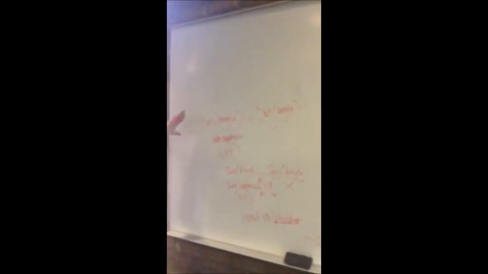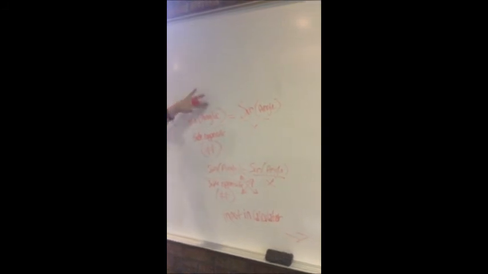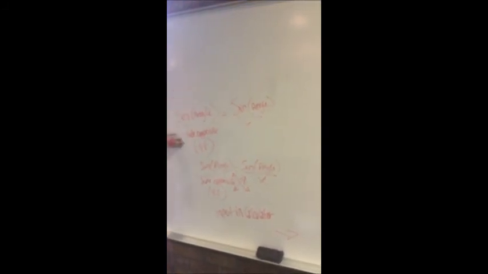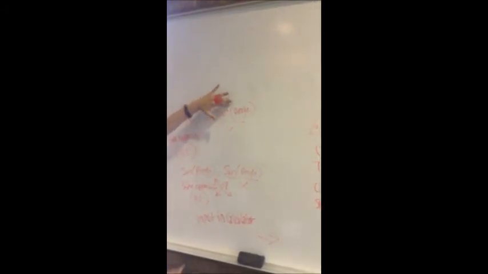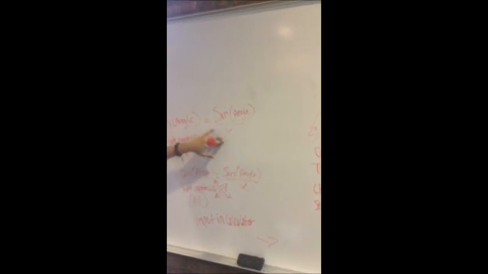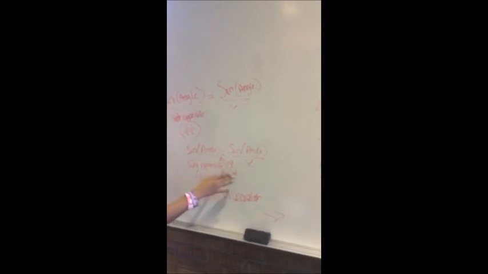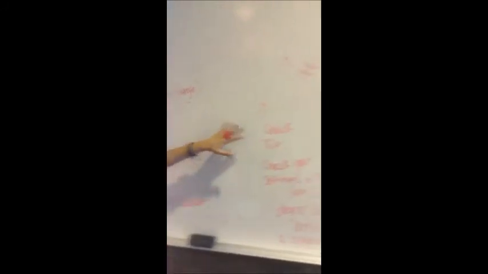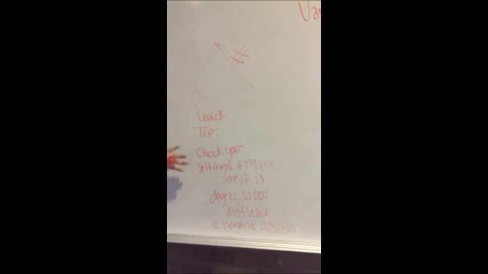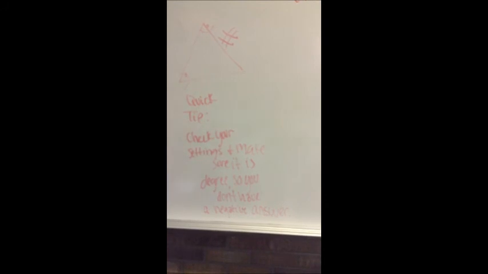So to solve for x, you would put sine of the angle over the side opposite, and this will be a number, equals sine of the other angle over x, which is your missing side. After that, you will need to cross multiply, and then input it into the calculator. A quick tip is, check your settings and make sure it is in degrees so you don't get a negative answer. And this was a quick review of sine.